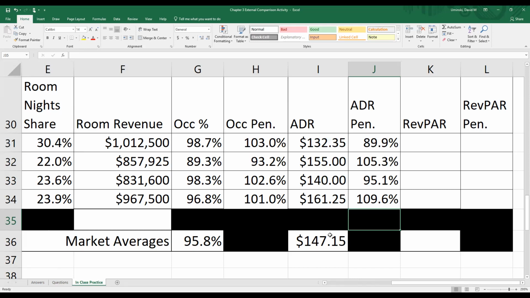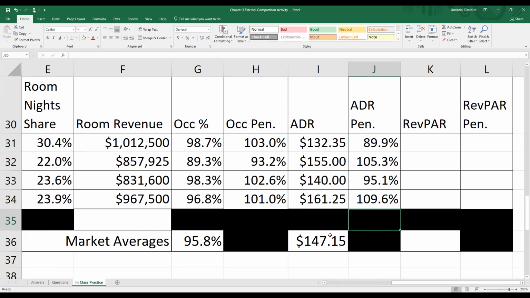And what is the purpose of revenue per available room? How does that differ from ADR? Yeah, we divide by the total number of rooms in the whole hotel. So our RevPAR is typically lower than the ADR, okay?